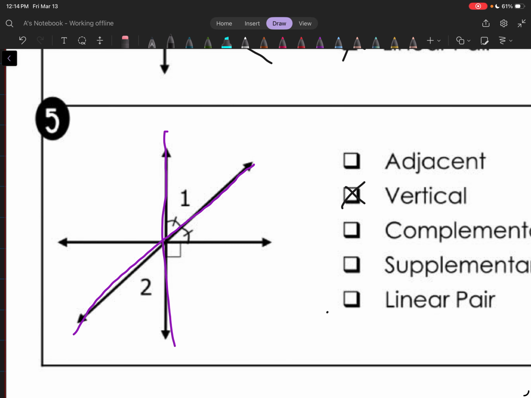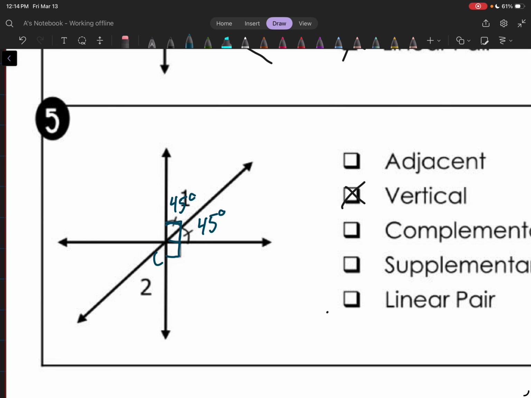Now if you notice, we have a right angle marker in the bottom right-hand corner. Therefore, the top right is also going to be 90 degrees, which tells me I'm bisecting this angle, so I have 45 degrees on the left side and 45 degrees on the right side.